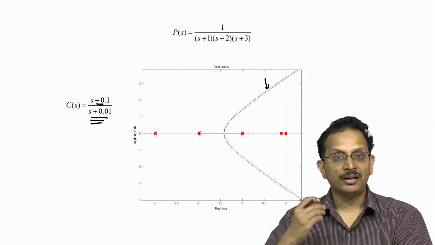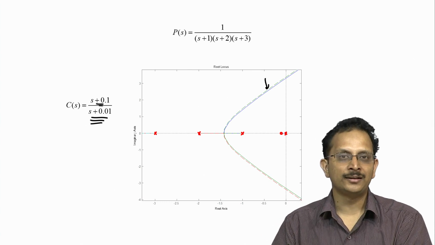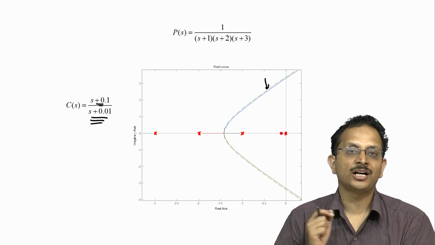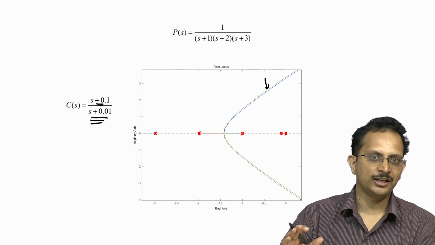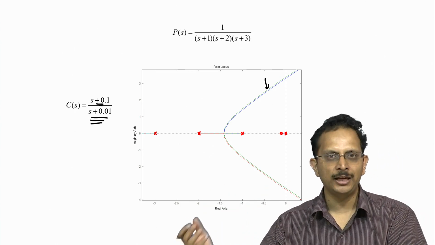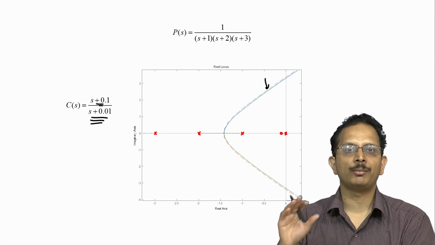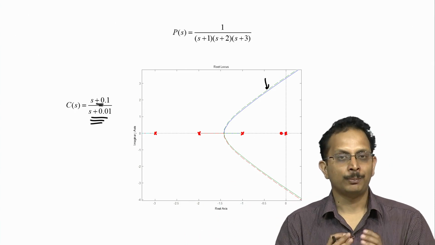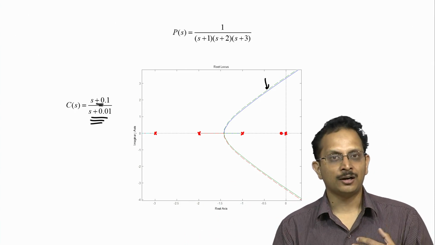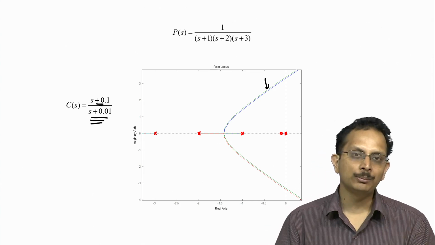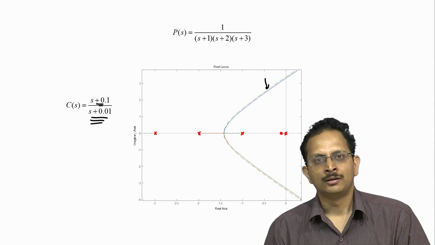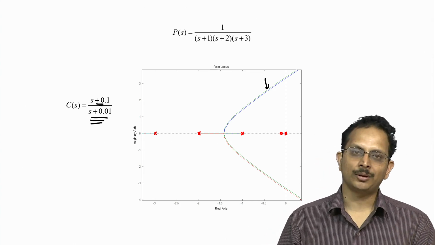But in our effort to do that, we might end up destabilizing our closed loop system, and hence the importance of Nyquist stability theory and phase margin and gain margin and so on in performing control design.